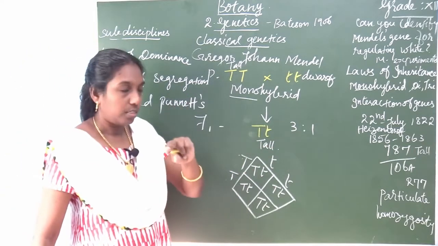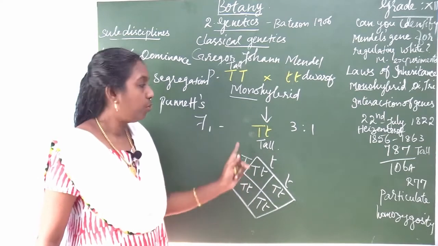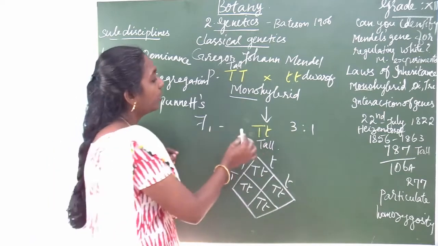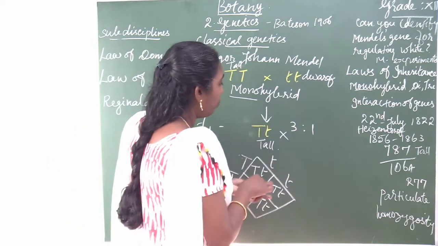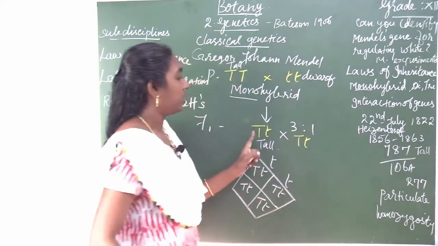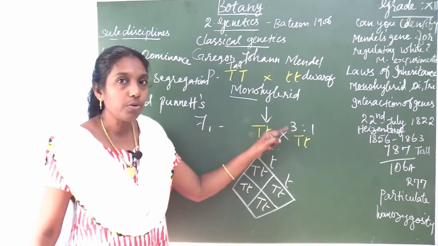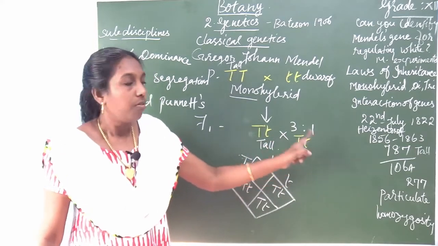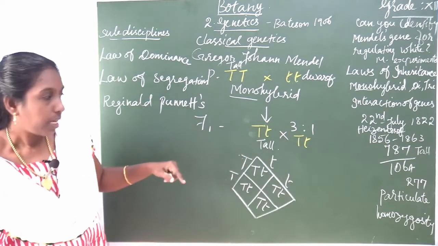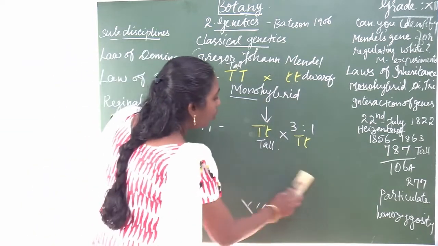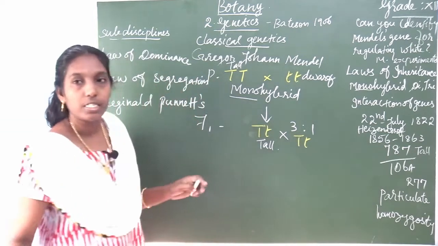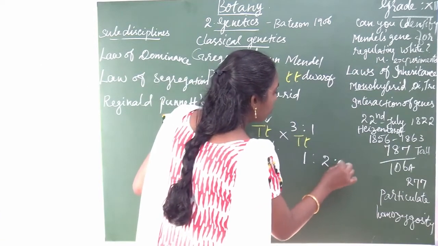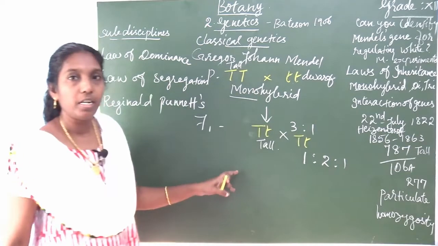In the second generation, for F2, there is a cross between this hybrid, self-crossed. The capital T small t hybrid crossed with capital T small t, that is hybrid with hybrid. When it makes a cross, it produces the ratio 1:2:1 in a monohybrid cross.